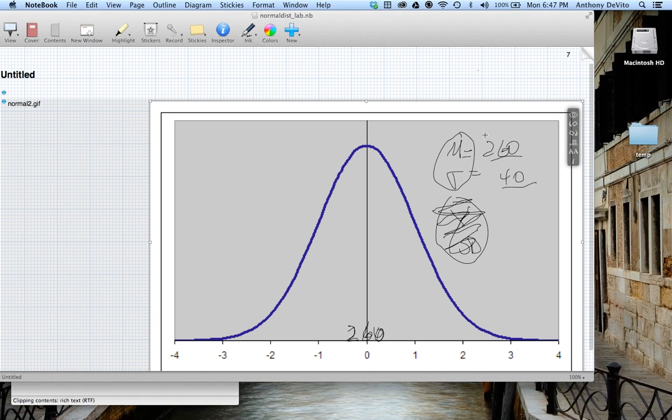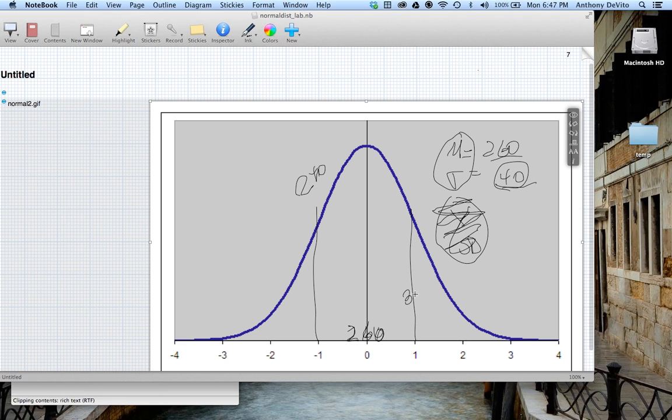Okay, so let's take a look at this. So the standard deviation is 40. Okay, so if I were to say, gee, what's the probability that I would pick out an individual baseball player at random, and that his batting average would be between 240 and 300? Okay, what do you think the probability is there?